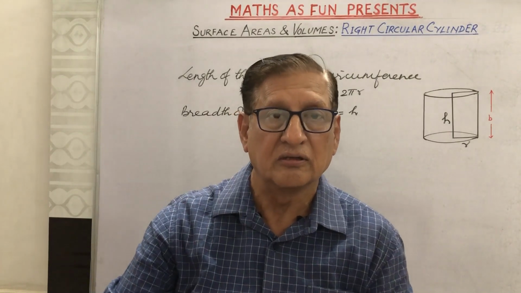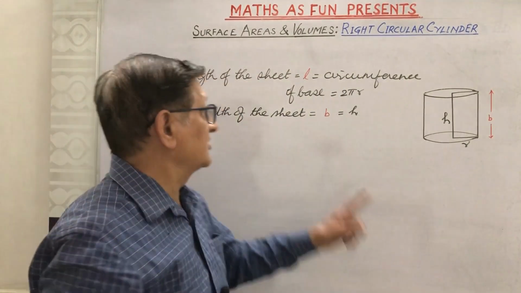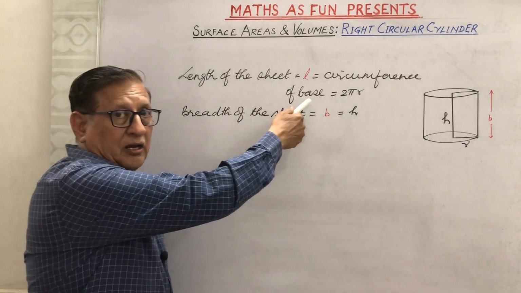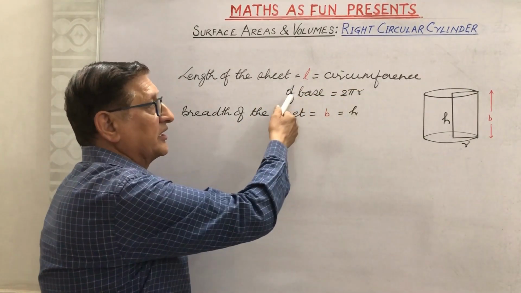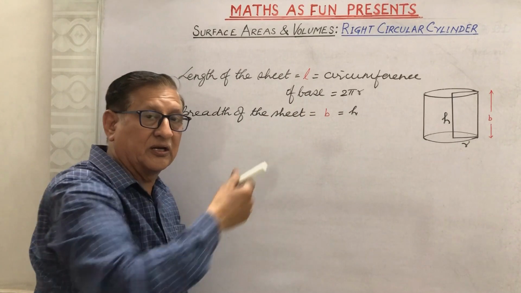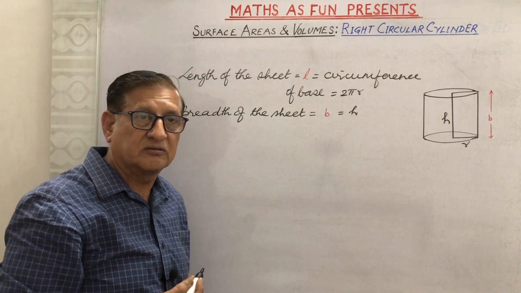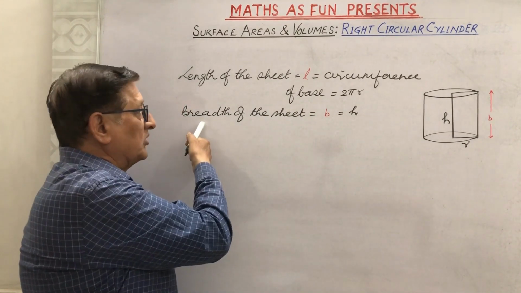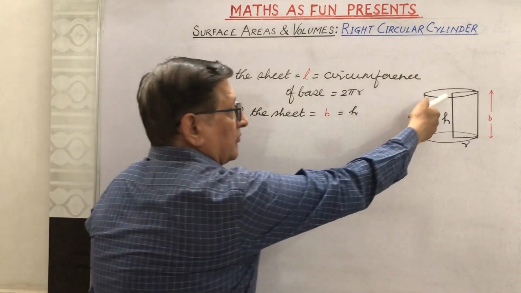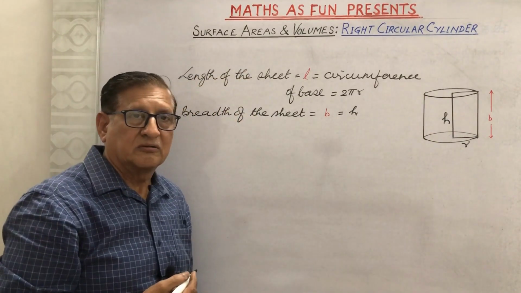That is a circle. See here now, this is the length of the sheet L, which is the circumference, and that is equal to 2 pi r if the radius of the base is r. The breadth of the sheet B will become the height of the cylinder.